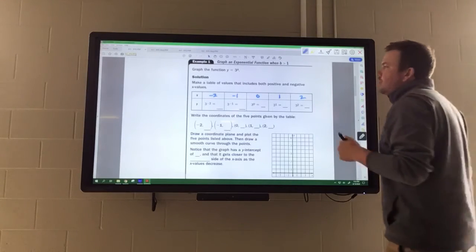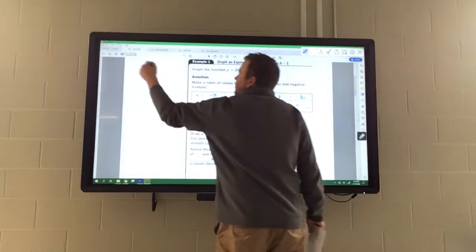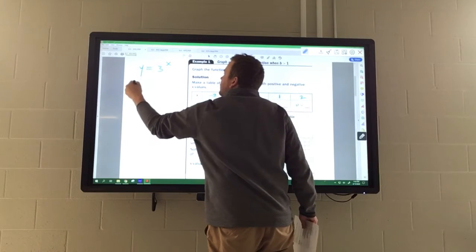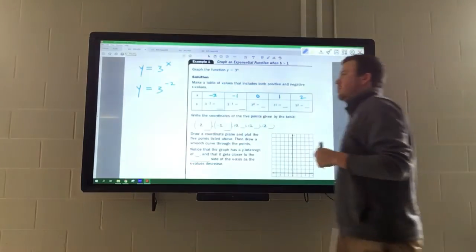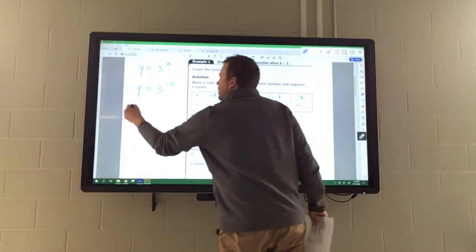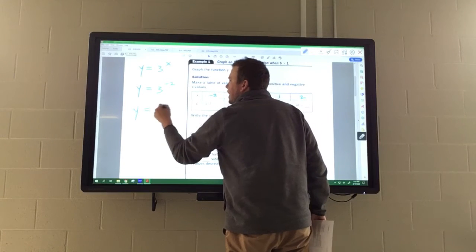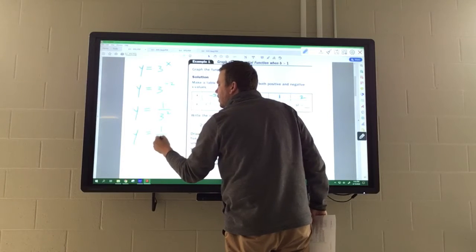What we need to do is plug those values of x into our function. For my first value, y is equal to 3 to the power of -2. Again, when we have a negative exponent, we know we're in the wrong spot, so we put that into the denominator, and we end up with y is equal to 1 over 9.